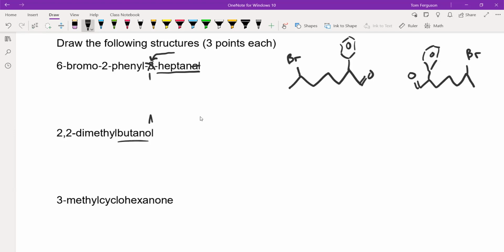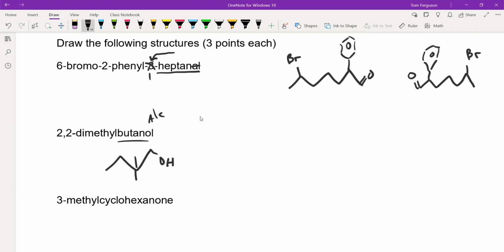Butenol, that's an alcohol. And notice I didn't specify where the OH group is. That's 2,2-dimethyl. So if we were to put the OH group on the end, it'd be like this.